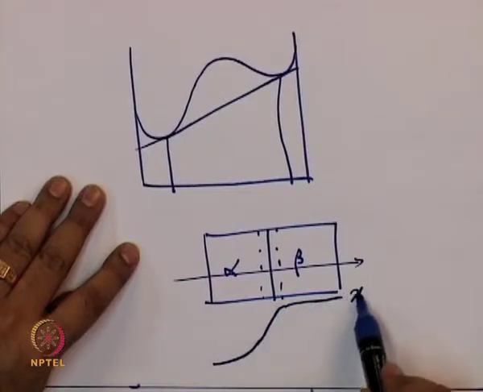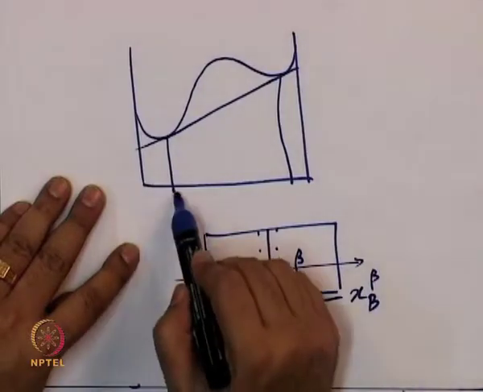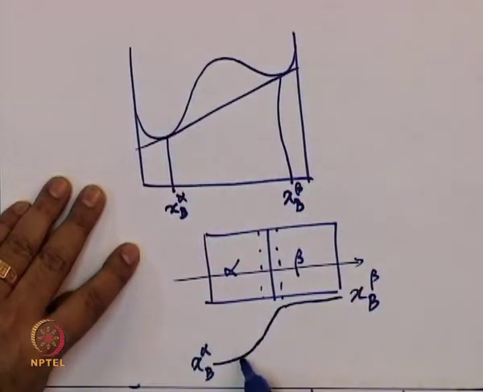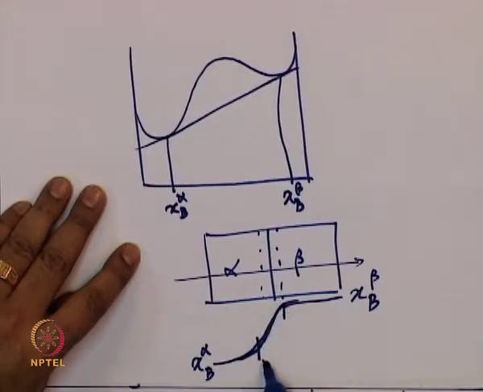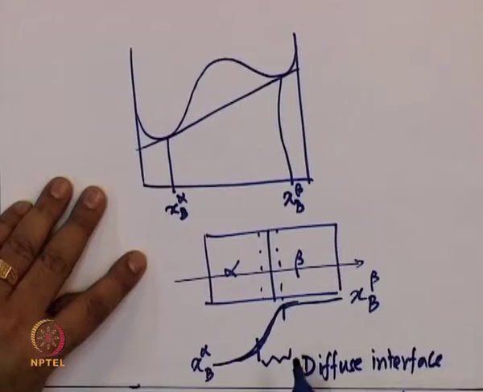Okay. So, this is x b alpha and this is x b beta, and this region where you have this composition gradient is the diffuse interface. Okay. This is where the name diffuse interface approach or diffuse interface models comes from.